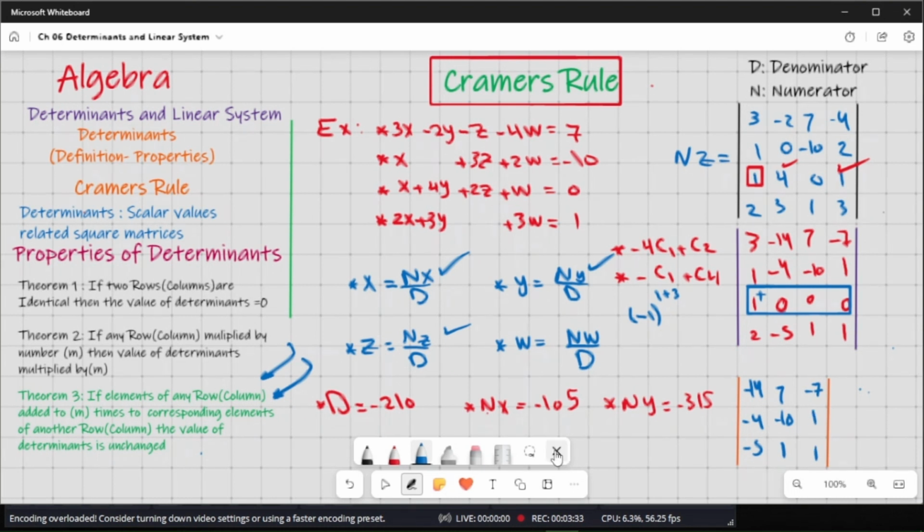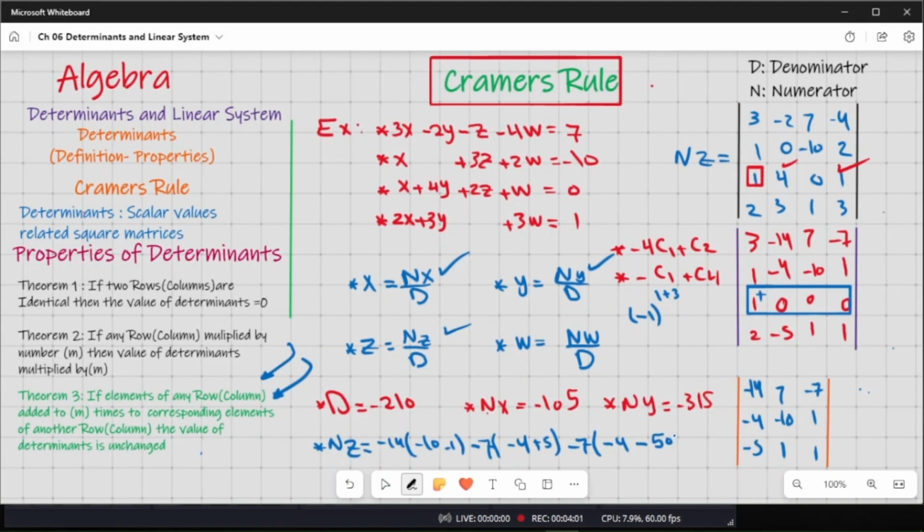Okay, so nz equal to negative 14 and 2, negative 10 minus 1, here minus 7 and 2, negative 4 plus 5, here minus 7 and 2, negative 4 minus 50.